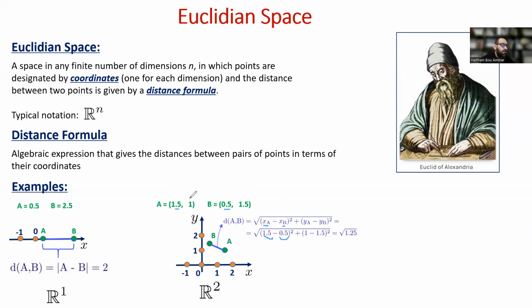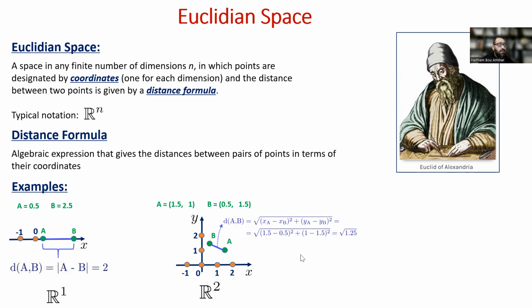And then I would also subtract the y variables, so I will subtract the 1 from 1.5 and also square it. And then you would notice that the distance between these two points, A and B, would actually be square root of 1.25.